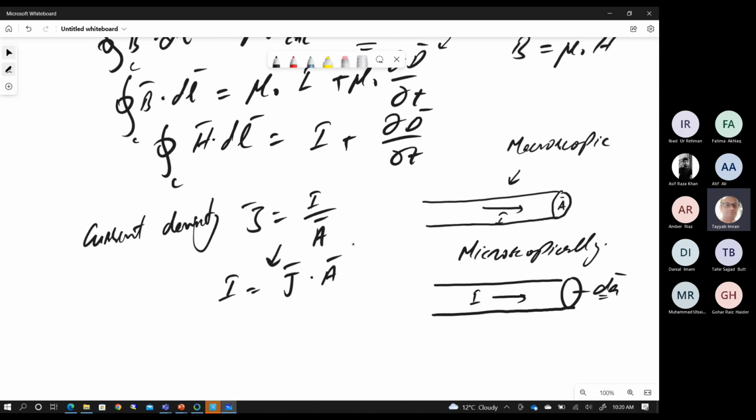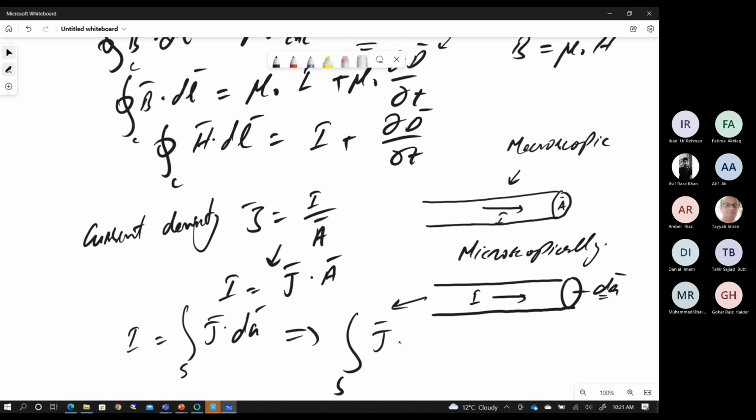Now, if we see the things microscopically, then this equation simply can be written like this. That can be J dot n dA.